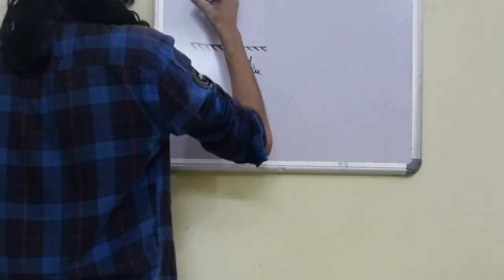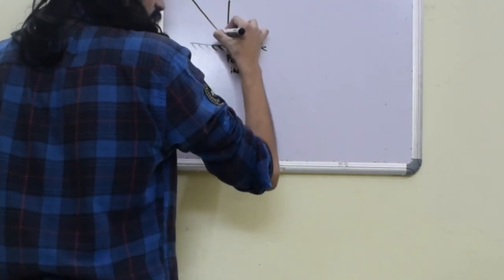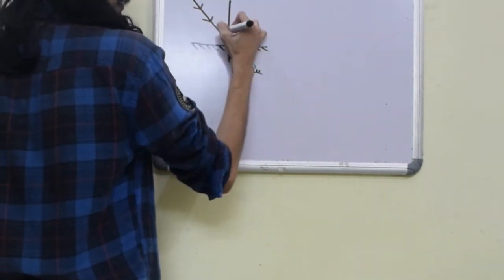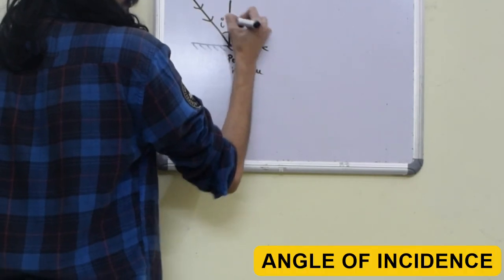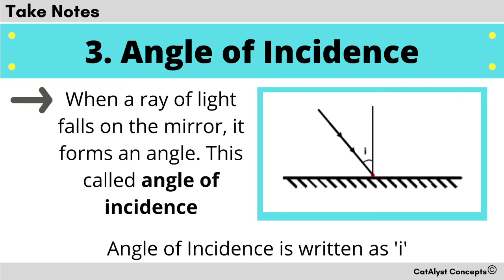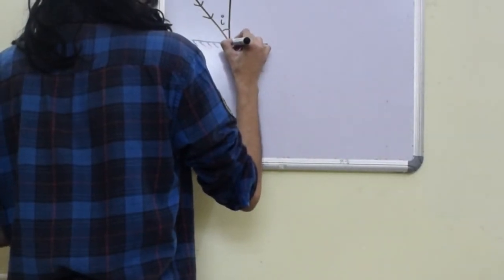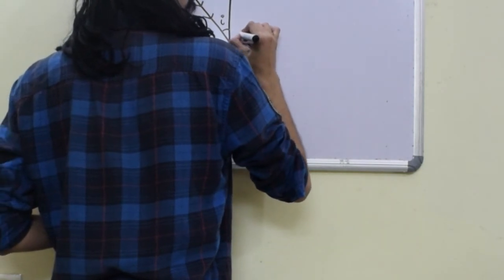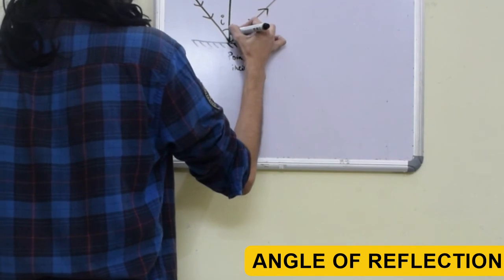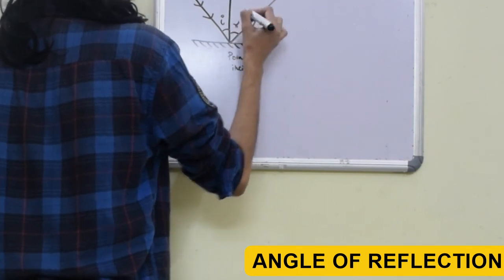If I have a ray of light coming in this direction, this angle is what we call the angle of incidence, I. Once it hits the mirror at the point of incidence, it is going to bounce back in the other direction and make another angle R over here.